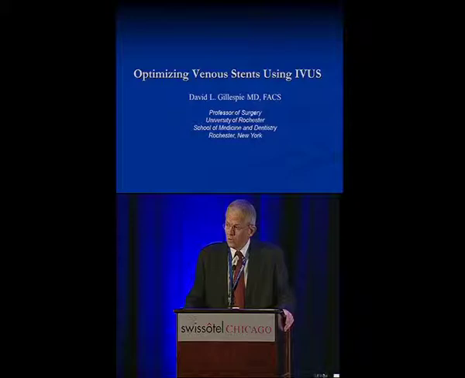We have a fairly low threshold for doing a CT venogram of the pelvis also, and I think we now understand better what the CT findings are. And then we do venography, and pressure measurements have not been very reliable.